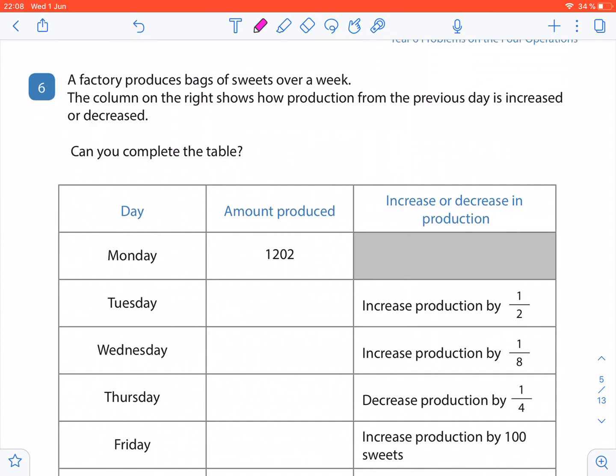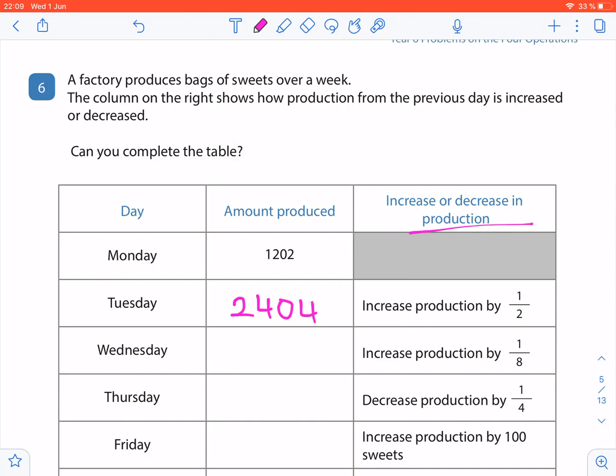Okay, number 6, looks like we need to fill in this table by looking at the instructions here. Okay, so we started off with 1,202, and so it increased by half, so that means that it doubled. So that's an easy one to do, so it doubled, so 2,404.